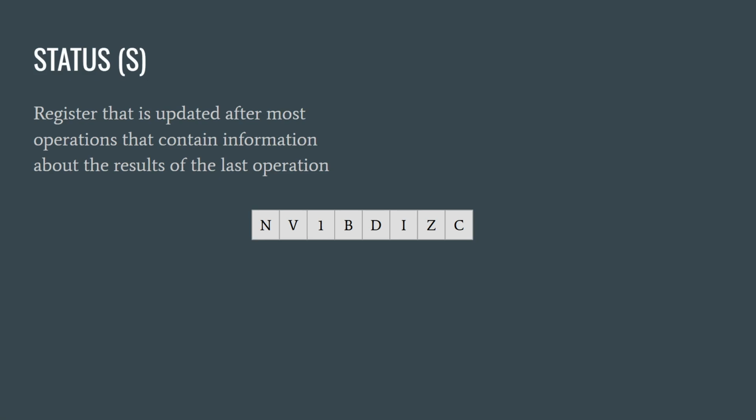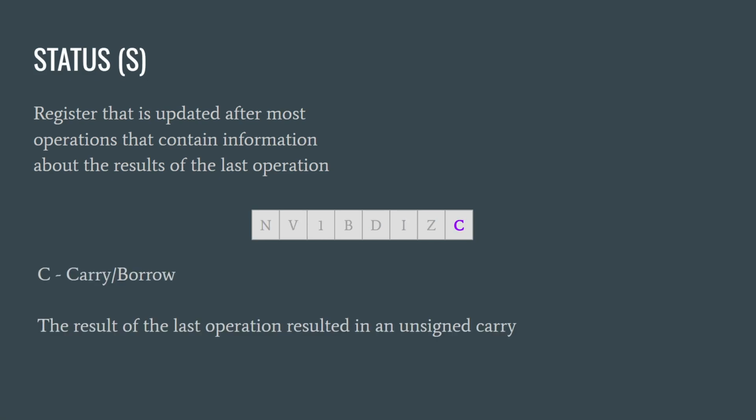As we go through each instruction, I'll designate which bits in the status register get affected, and that's sometimes important to understand. Right now, most of this is probably a whole bunch of nonsense, and it doesn't make sense why or how this even works. So let's take a look at some of these bits in the status register, and it'll start to make a little bit more sense.